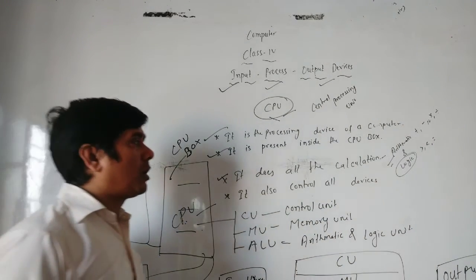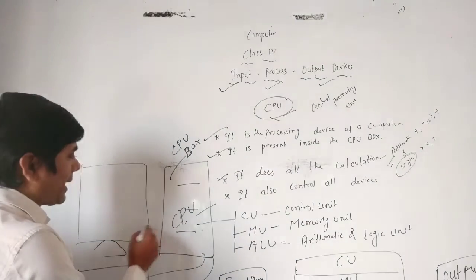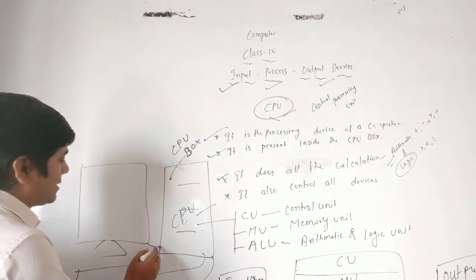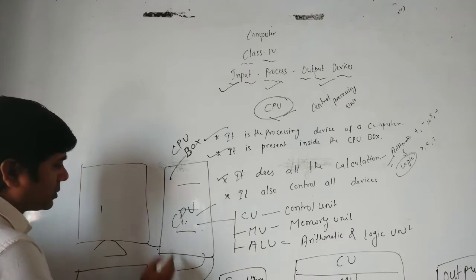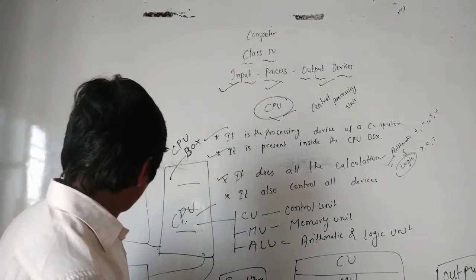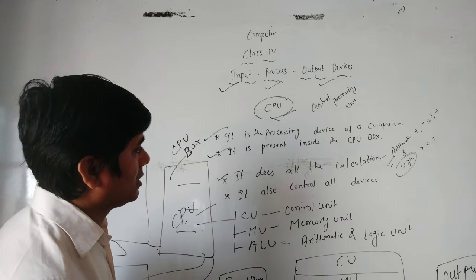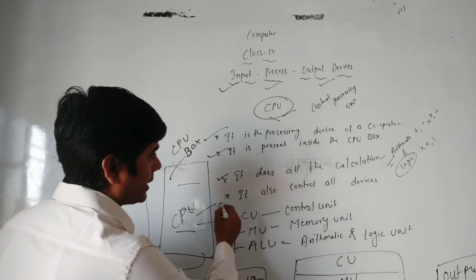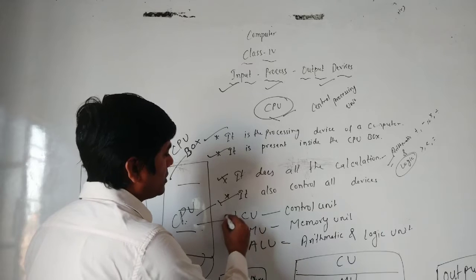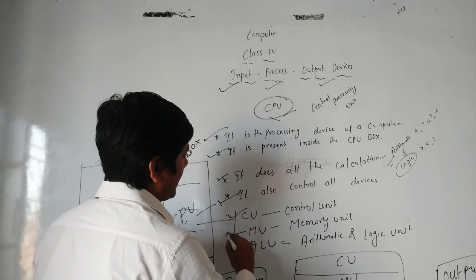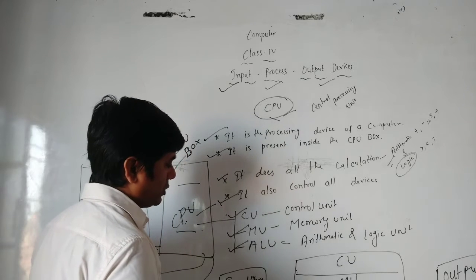It also controls all devices. Devices which are connected to the CPU, such as monitor, keyboard, mouse, printer, all types of devices are controlled by the CPU. There are three units of CPU: CU means control unit, MU means memory unit, ALU means arithmetic logic unit.